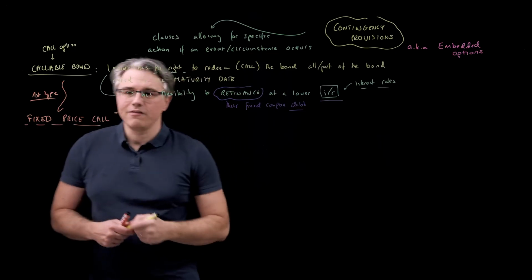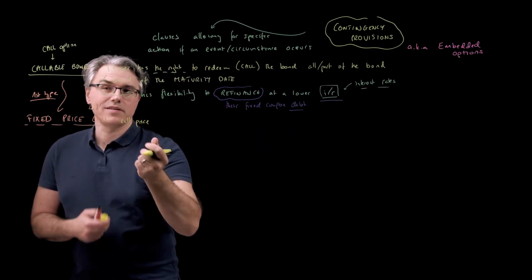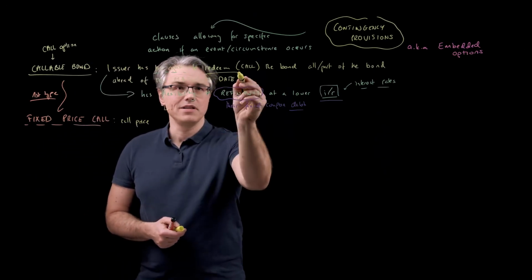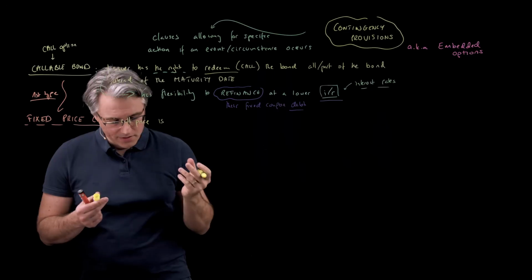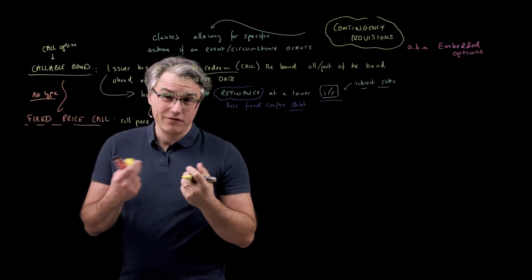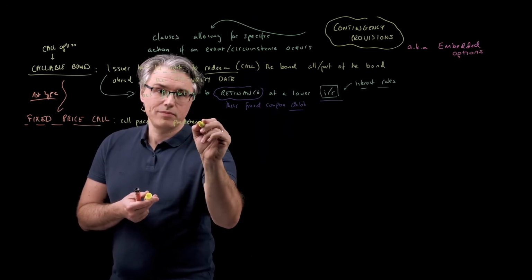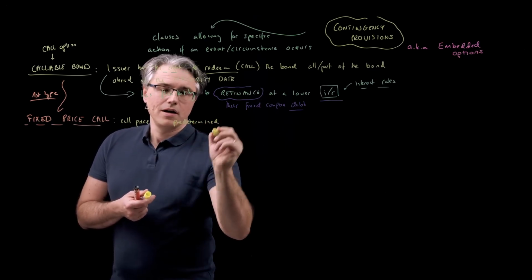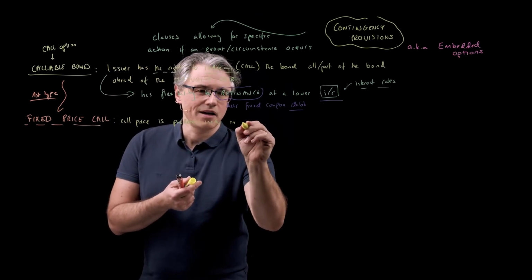So in a fixed price call, the call price, that's the price at which the bond may be redeemed by the issuer, is, as the name suggests, fixed or predetermined. It's set up front, and it's predetermined in a schedule.